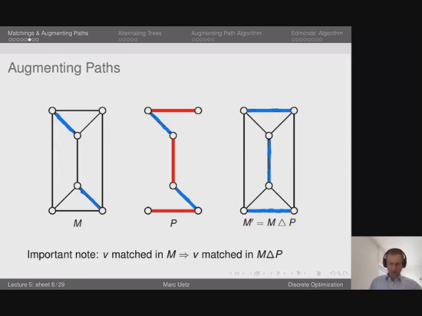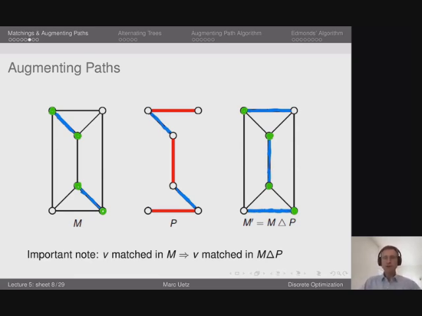So this is going to be an invariant: vertices which are matched in M are still going to be matched after I have augmented the matching using this augmenting path. So here on this picture, that is the green vertices on the left, which were the matched vertices for M. And these green vertices are still matched, only by different edges, on the right-hand side in M prime.